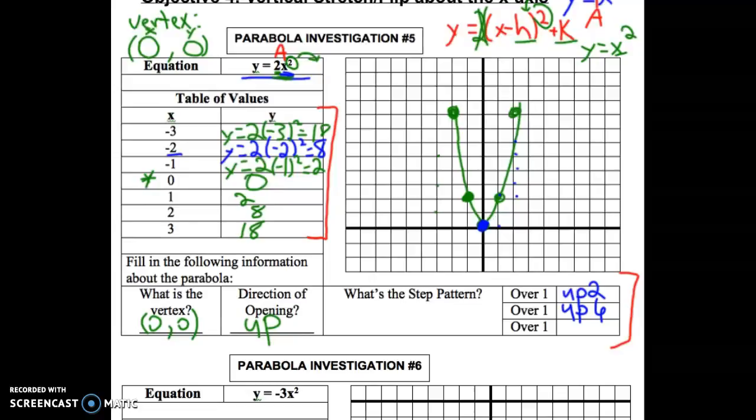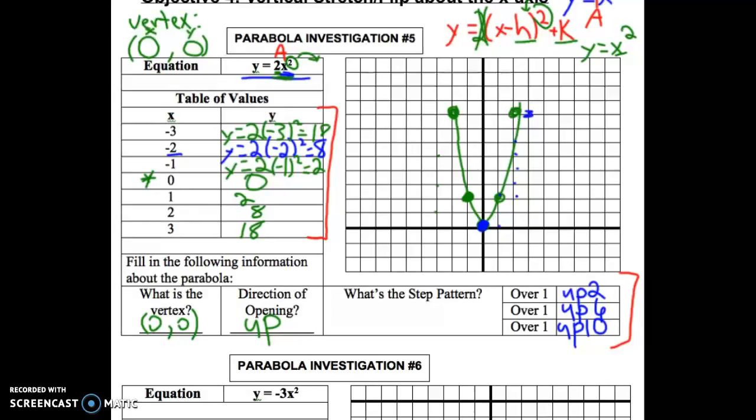And then finally, over 1, up from this point. So this is at y equals 8 right here, and I'm going up to 18. 18 minus 8 is up 10.